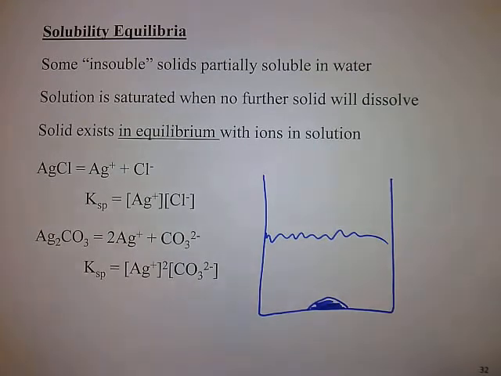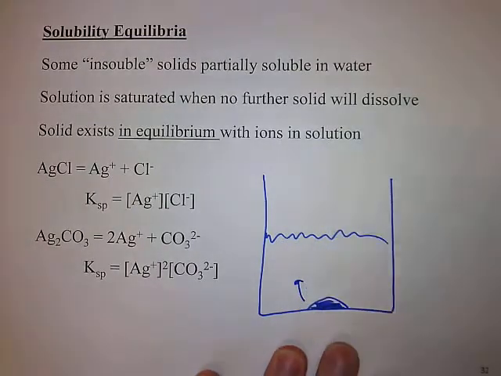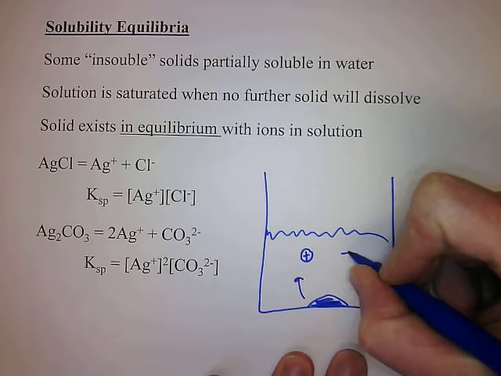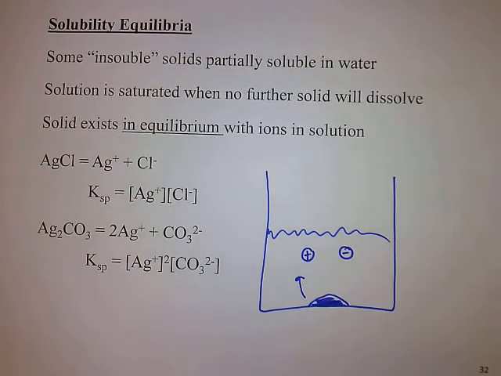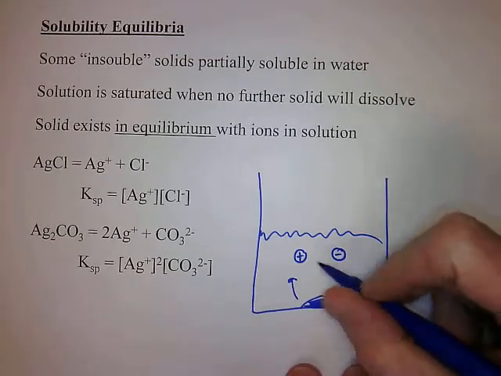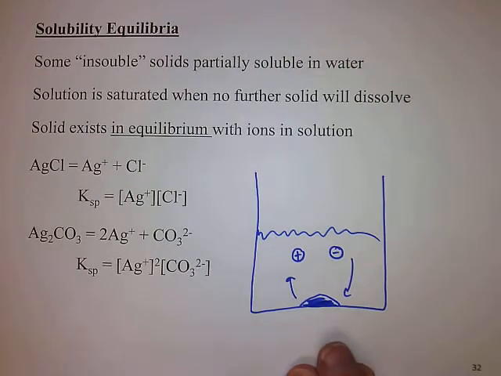Once that equilibrium has been established, we still have dissolving of the solid to ions in solution, but we also have precipitation, ions coming together and falling back out of solution and going back to a solid.